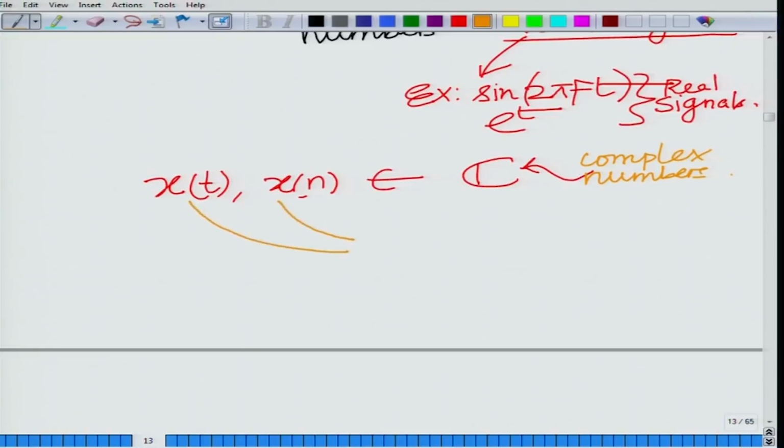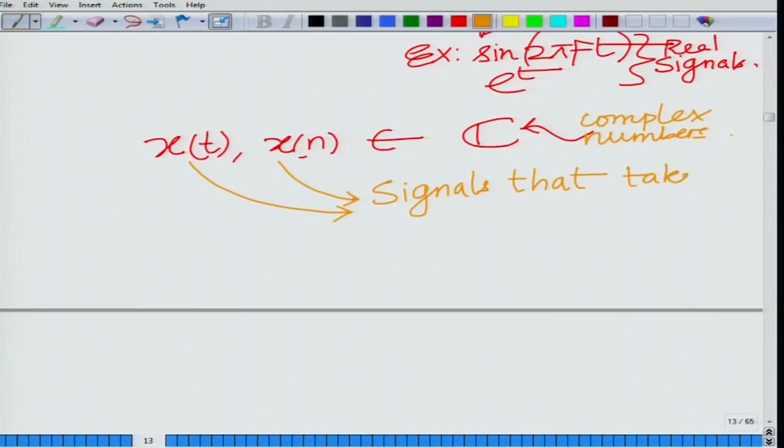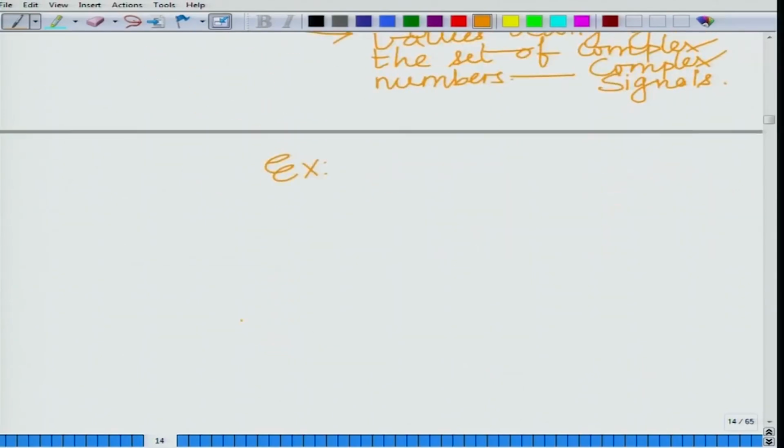So, signals that take values belonging to the set of complex numbers, that take complex values, are termed as complex signals. Okay.